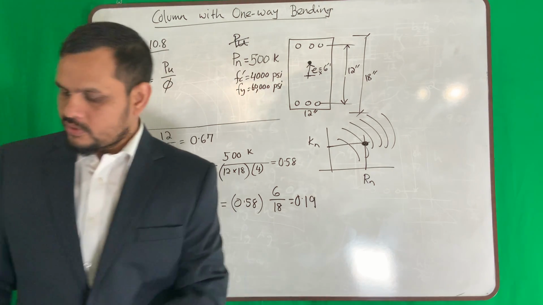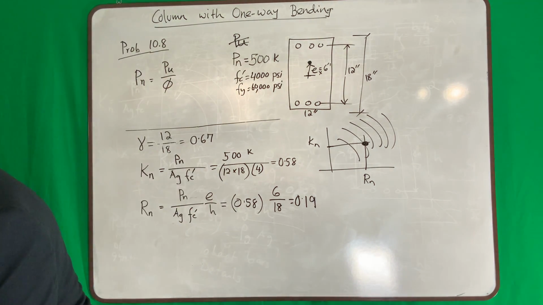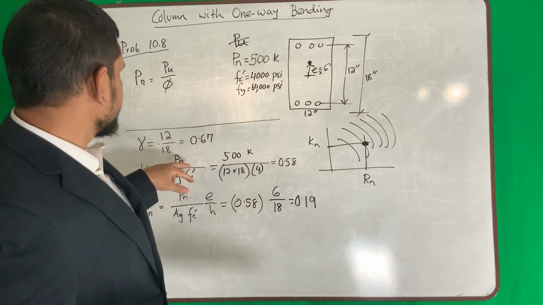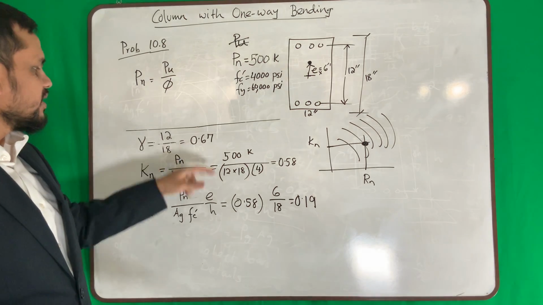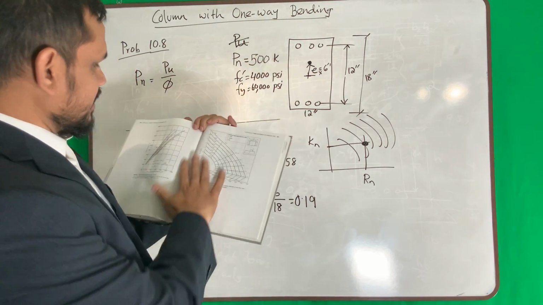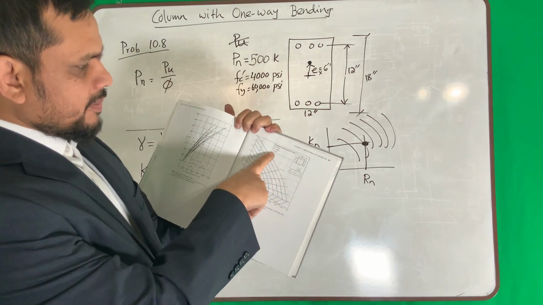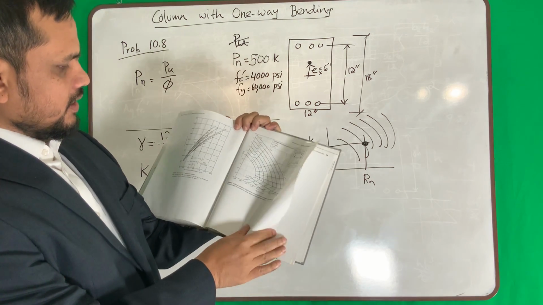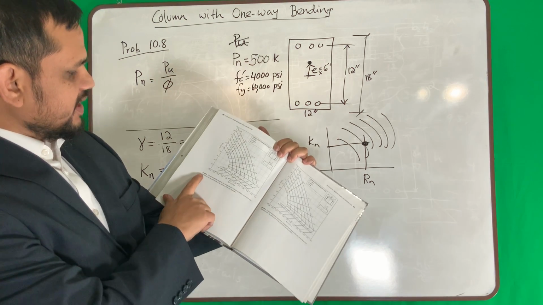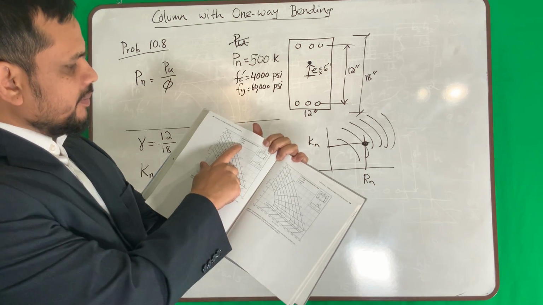So if I go to your book, in the appendix, find this value, gamma 0.67. I found a graph here: gamma 0.6 is graph number 2. If I go to the next graph, number 3, gamma 0.7.